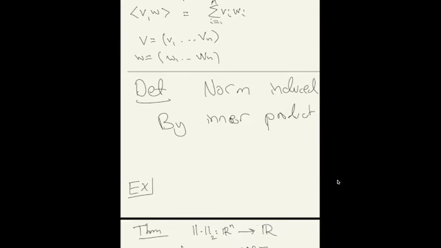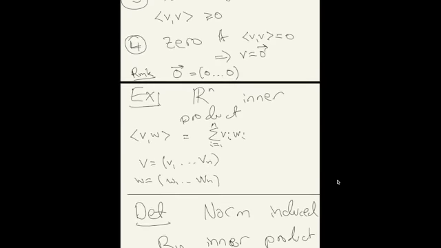And well, it's easy to verify many of these properties. I won't do all of them. So, for example, non-negativity. If I take v inner product with v, this gives me the sum of i equals 1 through n of vi squared.